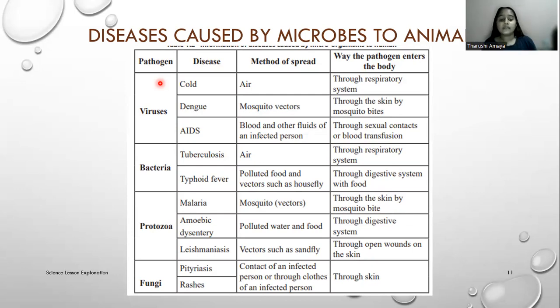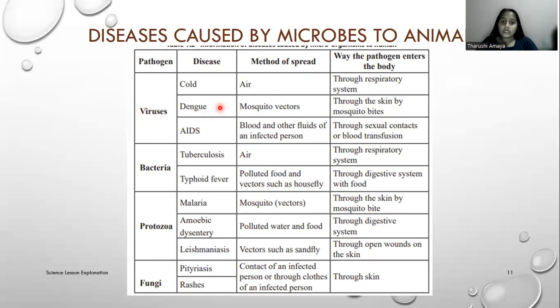Here we can see four pathogens: viruses, bacteria, protozoa, and fungi. Under viruses, we can see three diseases: common cold, dengue, and AIDS. Common cold is spread by air and enters the body of the host through the respiratory system.